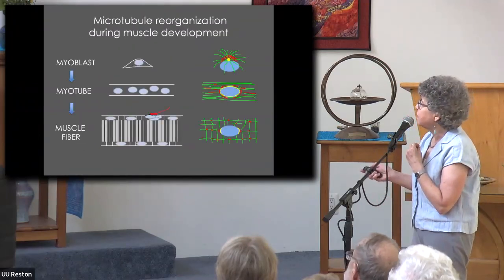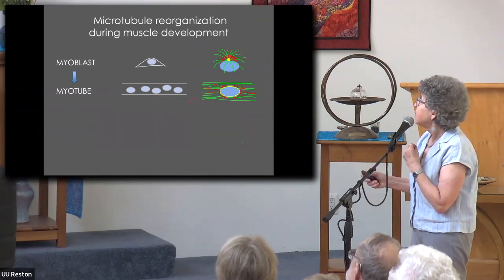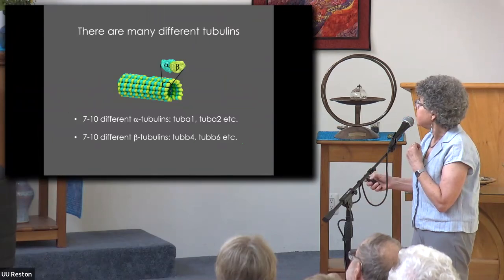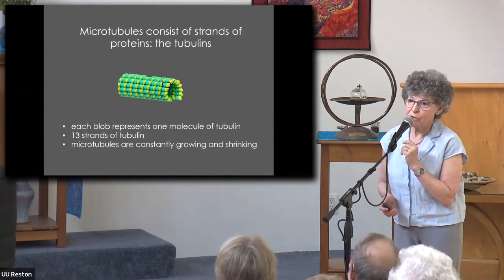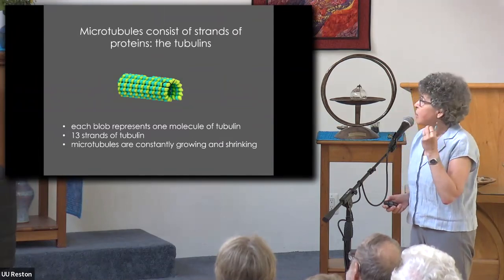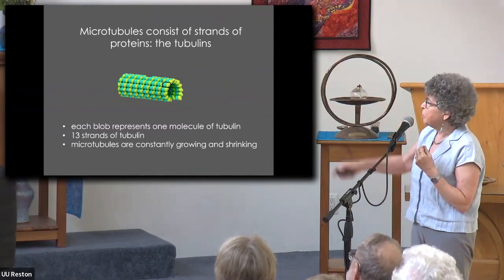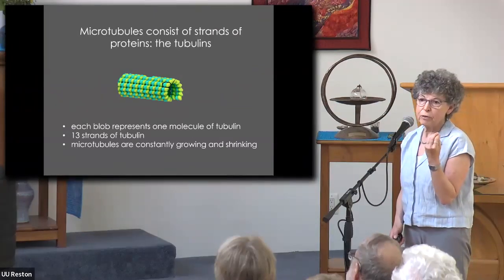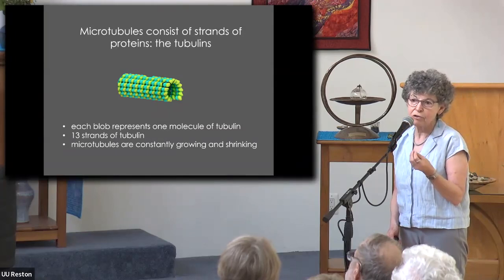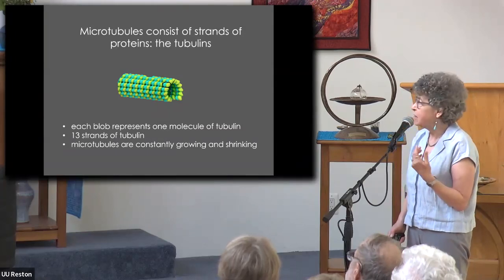They are cylinders made of strands of proteins, and each of the colored blobs represents one molecule of protein, and the protein that makes the microtubules is called tubulin. It kind of makes sense.